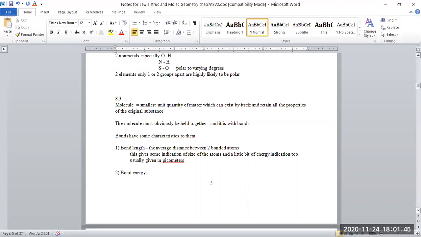This makes a little more sense at the end of the chapter, but we have to introduce the concept: the distance between the atoms. One of the things that does for us is give us an idea of the size relationship. So if you bonded a hydrogen, say, to an antimony, Sb.